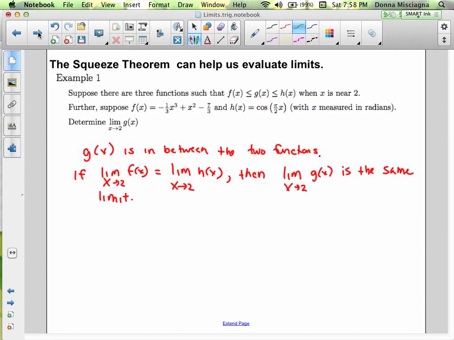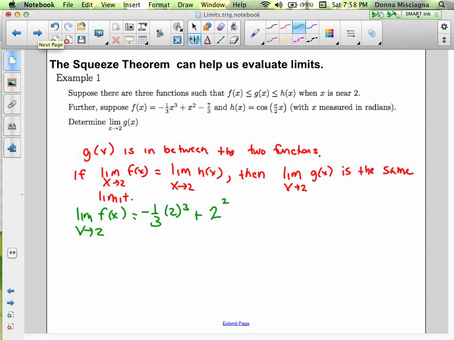So let's continue on here by finding our limits. All right, so we need to find the limit of f of x as x approaches 2. Now I can just plug in, and I don't have to write the whole function since I've defined what f of x is. So this would be negative 1/3 times 2 cubed. And of course it's a polynomial. We can always use substitution with a polynomial.